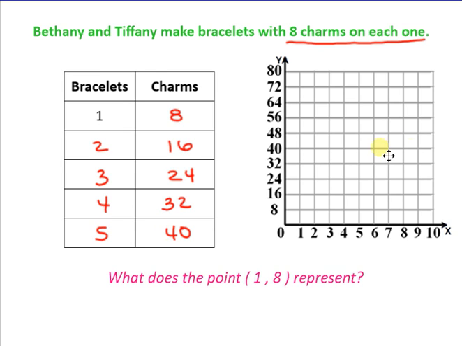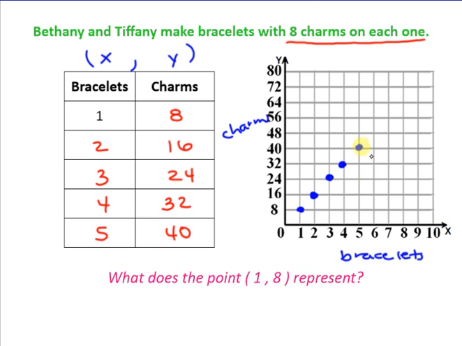Now let's graph our results. So here we have our X and our Y. So our X is bracelets and our Y is charms. So we have 1 and 8, 2 and 16, 3 and 24, 4 and 32, 5 and 40.